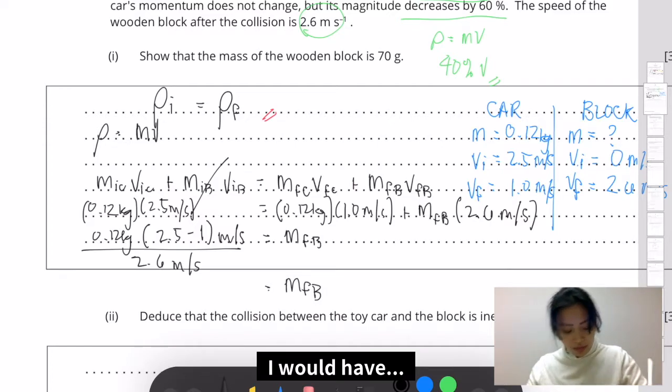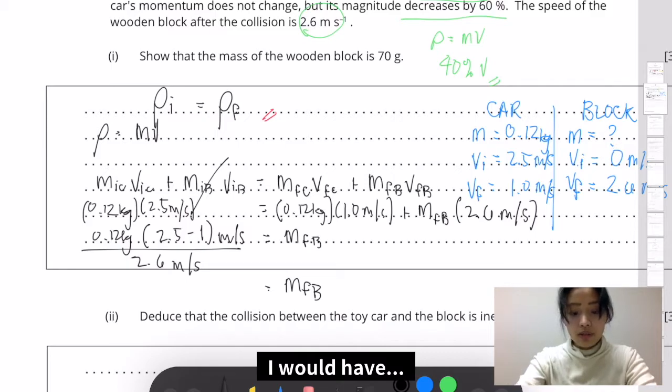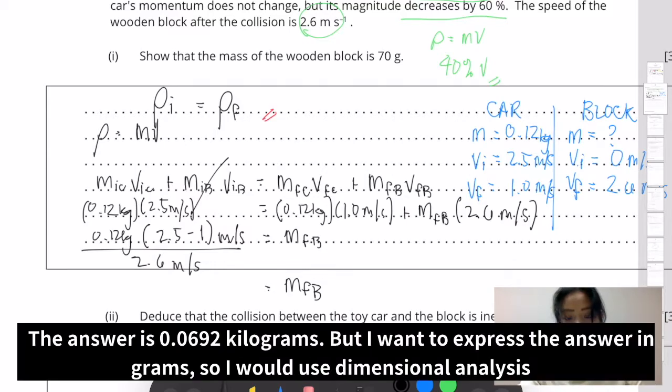I'm going to use a calculator now. 2.5 minus 1 is 1.5, so 1.5 times 0.12 divided by 2.6. So the answer is 0.0692 kilograms.